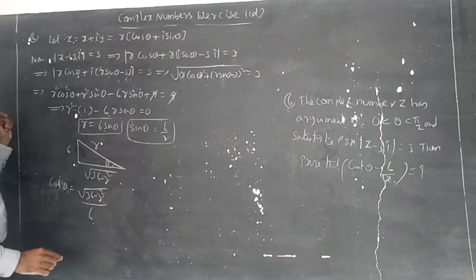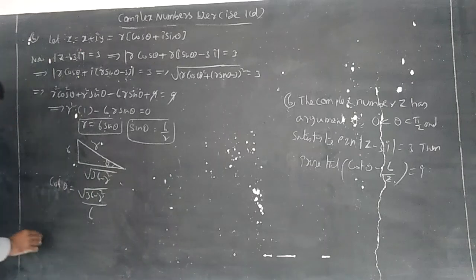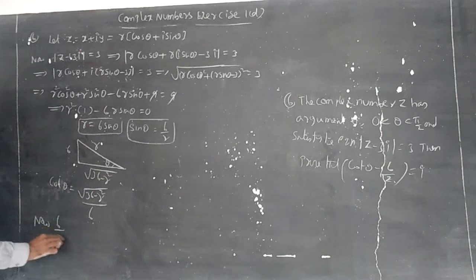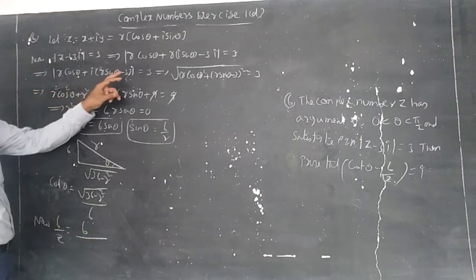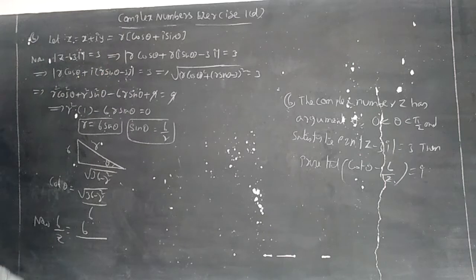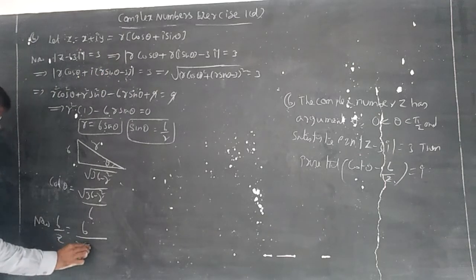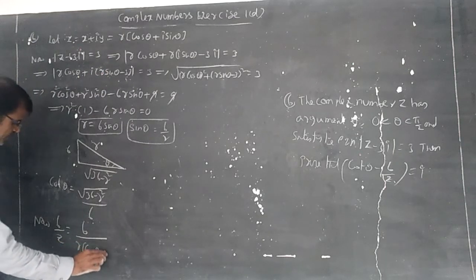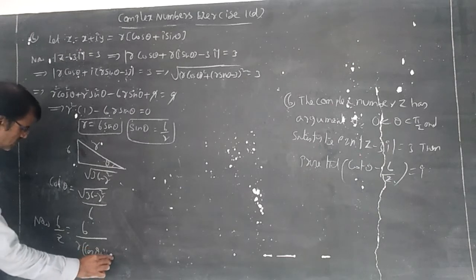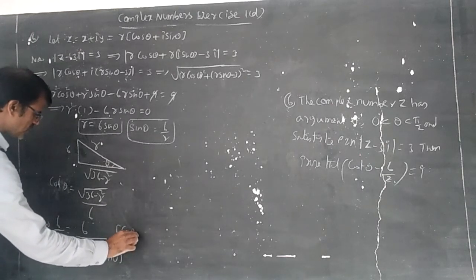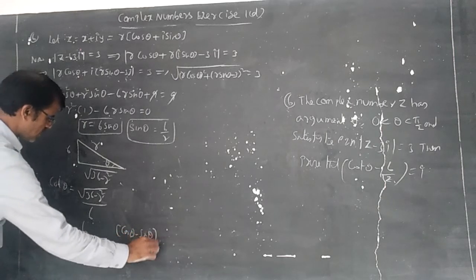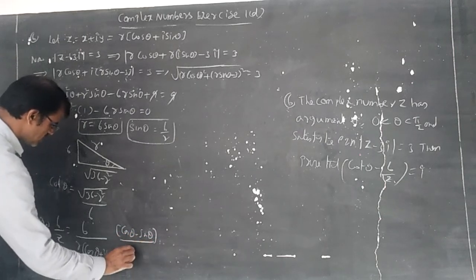Keep it aside. Now 6 by z you can calculate. 6 by z means 6 by r into cos theta plus i sin theta. You can multiply with the conjugate complex number, cos theta minus i sin theta.